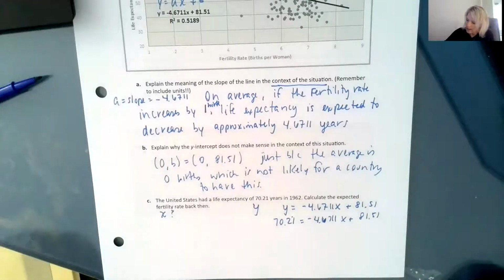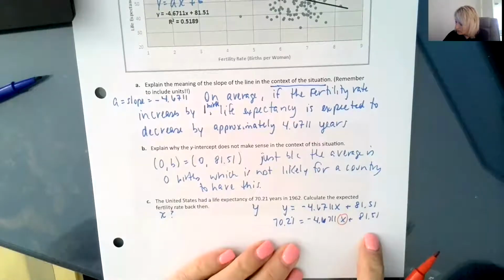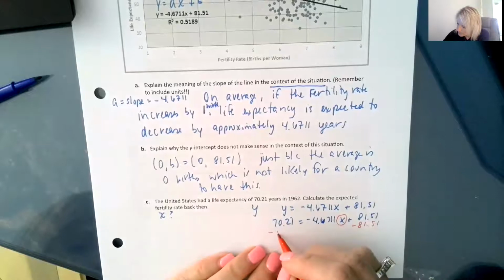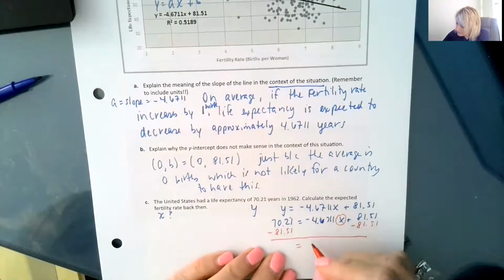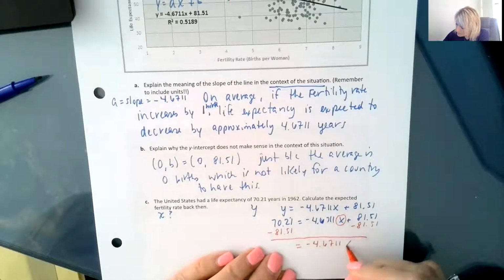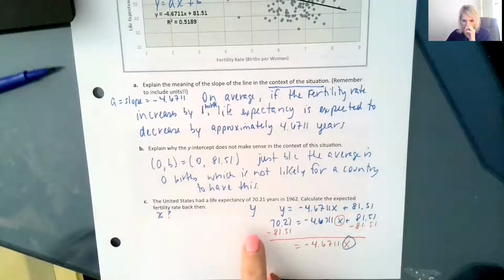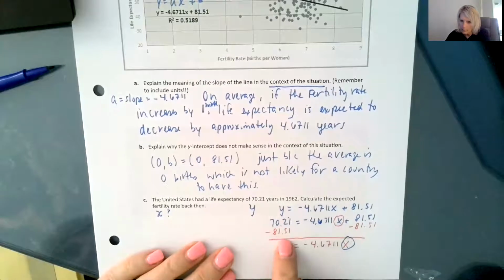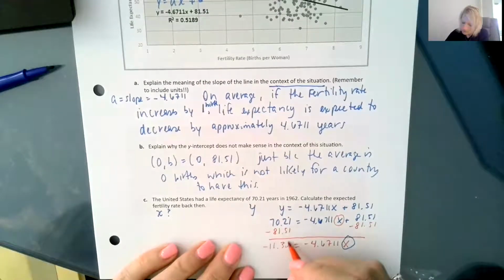To do that, we are going to subtract 81.51 from both sides, because that's how we solve an equation for x. On the right, we still have negative 4.6711x that we're trying to solve for. And then we have here 70.21 subtracting 81.51. We have a negative 11.30.